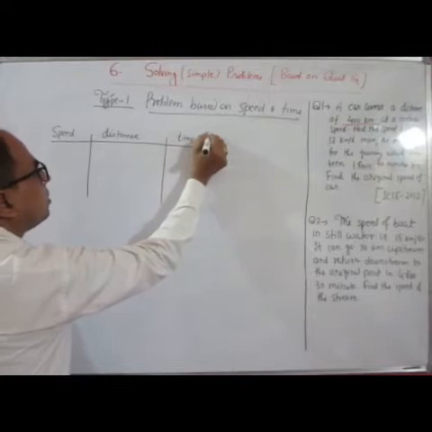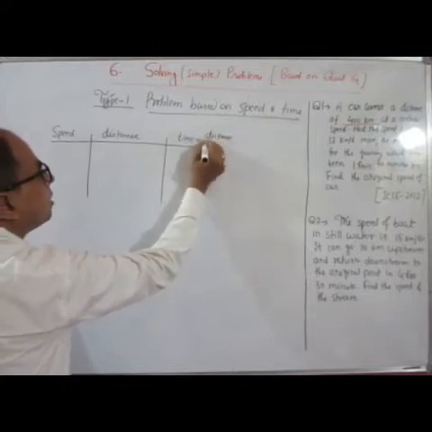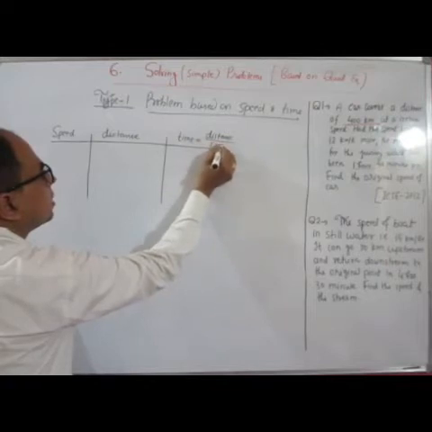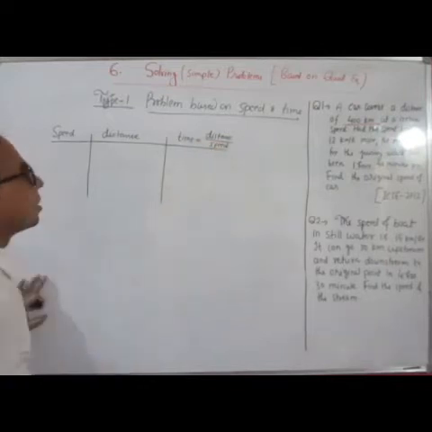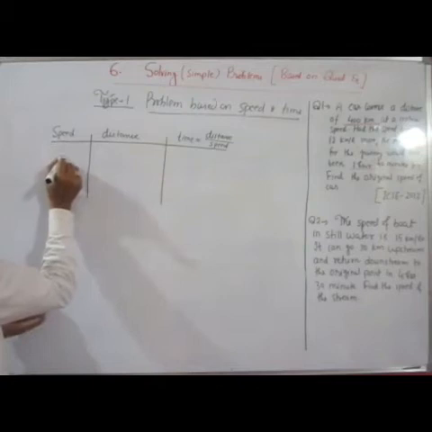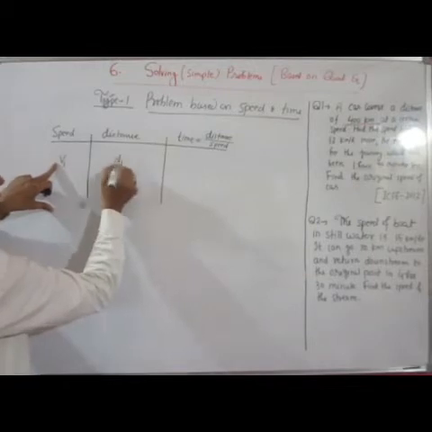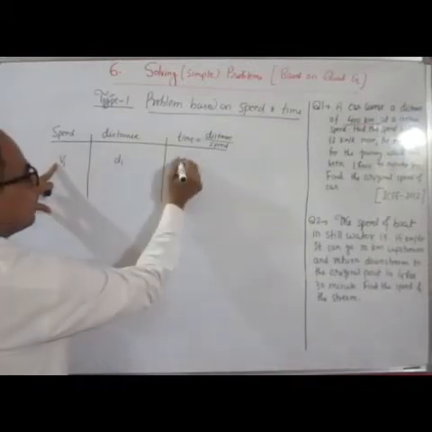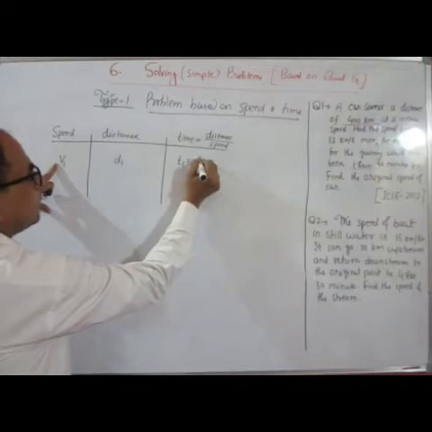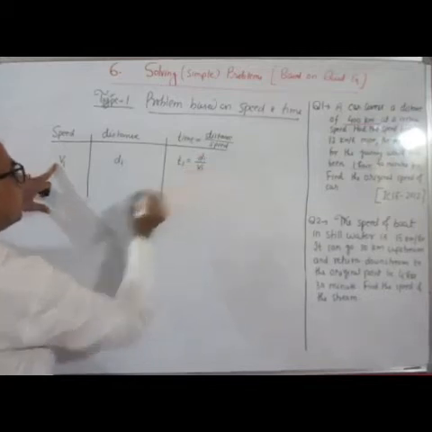And we know that time is distance by speed. Now write the first unknown speed. Write the given distance and calculate time t1, distance by speed.